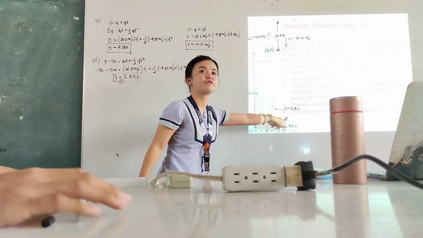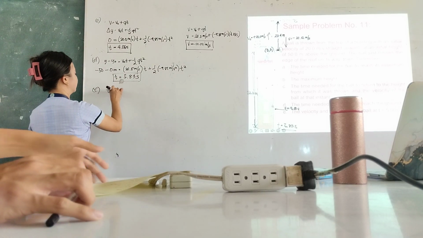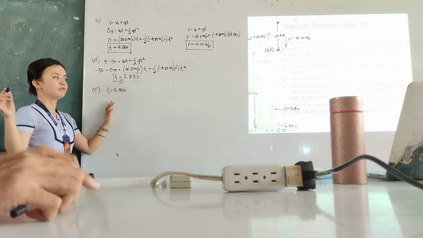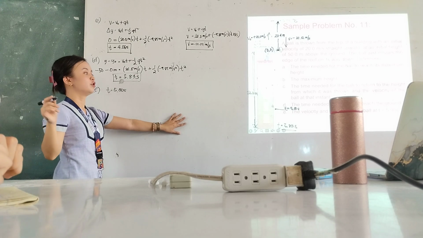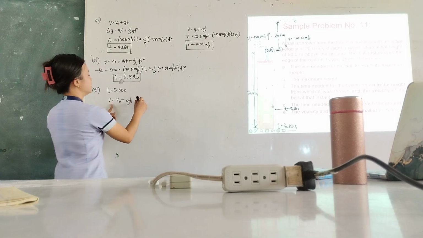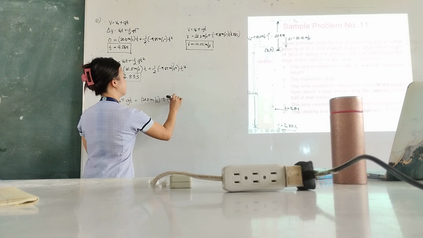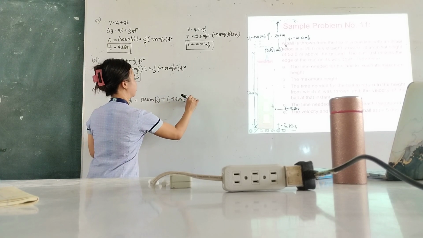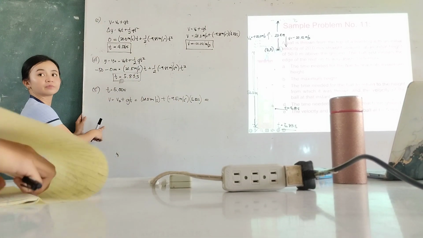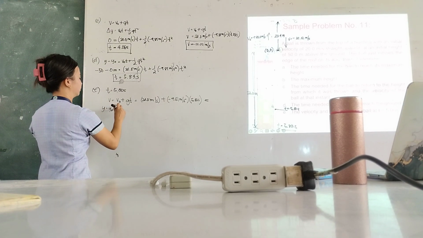For letter E, find the velocity and position of the ball at time 5 seconds. So this one, use velocity first. V is equal to V sub O plus GT. So V sub O, 20, plus, negative, time 5.